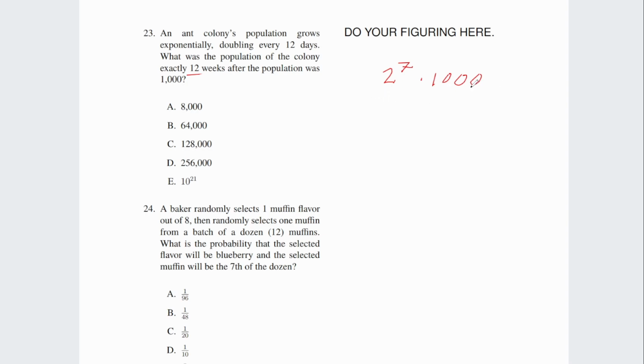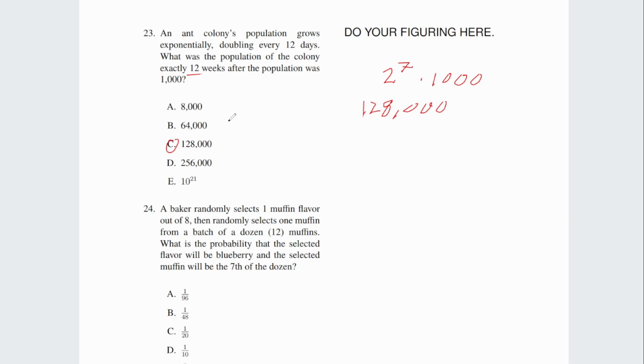Seems pretty simple. If we know 2 to the 7th is 2, 4, 8, 16, 32, 64, 128, then 2 to the 7th power times 1,000 is 128,000. So that is answer choice C.